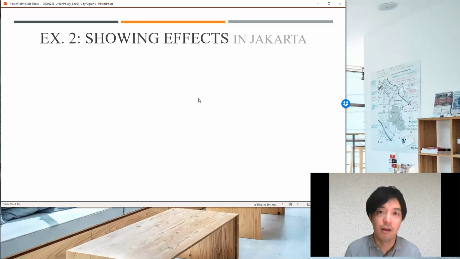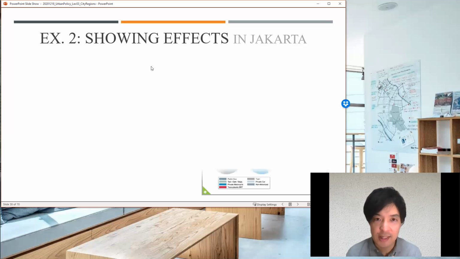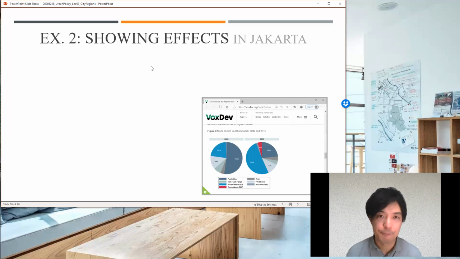Anyway, if you put keywords such as Jakarta, bus rapid transit, effects, results, consequences, and so on, then you will probably find this website.